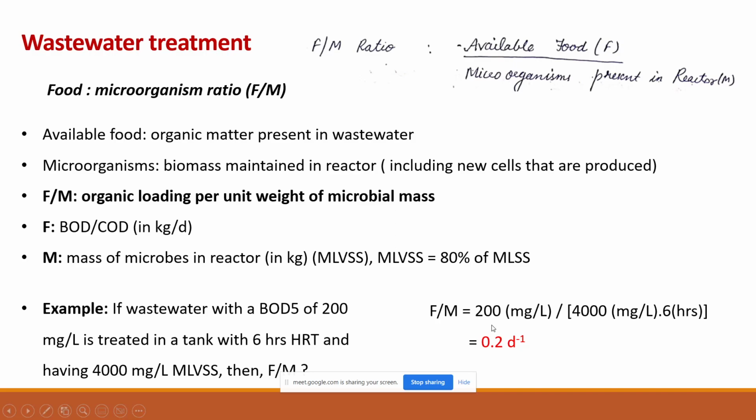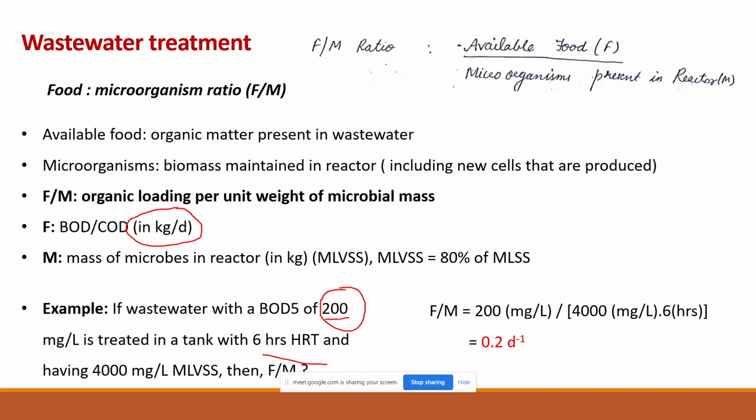You see the food is already provided to us. The food is 200 mg per liter and the HRT is 6 hours, right? But the food has to be in the form of kg per day. So you'll have to convert this 200 mg per liter into kg per day.